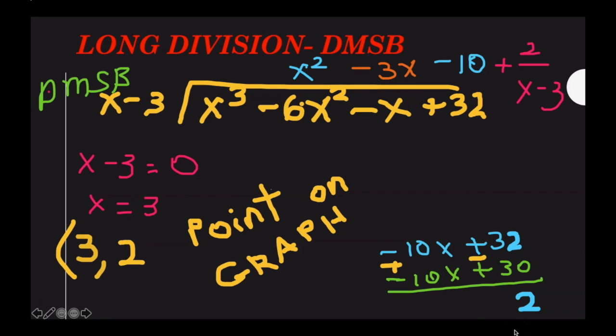So this is actually a point on this graph. Now, is it the x-intercept like the last time? Well, no, it's not. But that's all right. All we wanted to do was to show that you can do long division and you will get remainders.